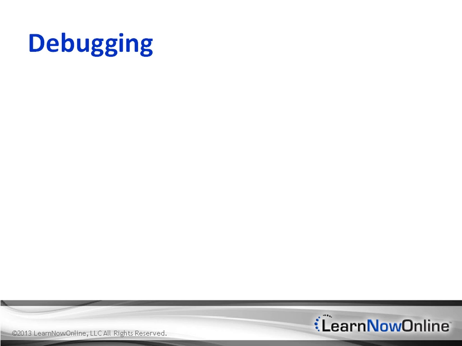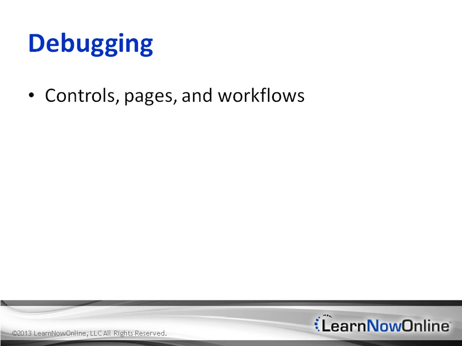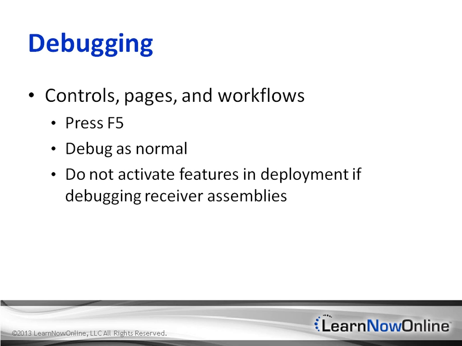So in Visual Studio 2012, the debugging story is still good. Visual Studio 2010 improved greatly over previous versions, and in Visual Studio 2012, the debugging experience is even better. So for controls, pages, and workflows, you can just press F5, and that's going to automatically deploy your solution for you and attach to the process, and you'll be able to debug.